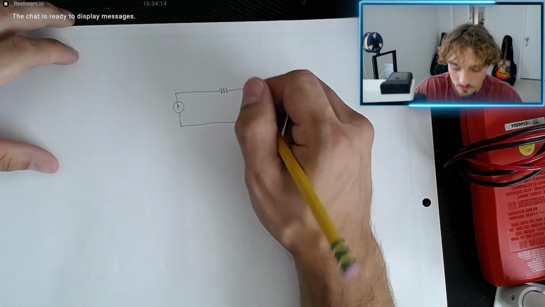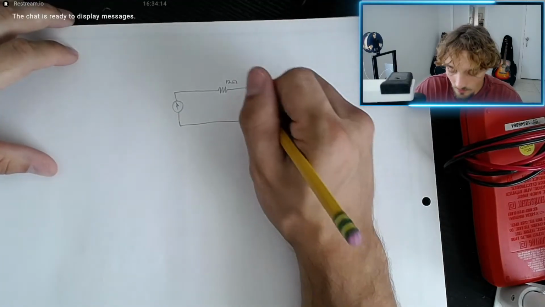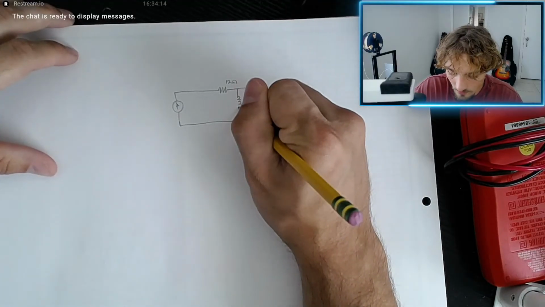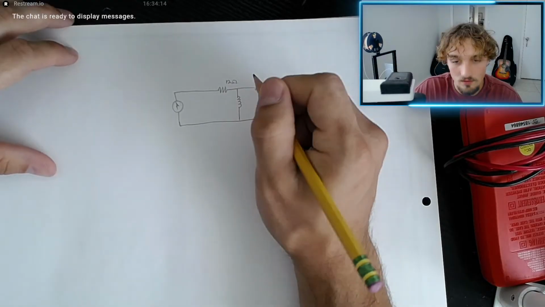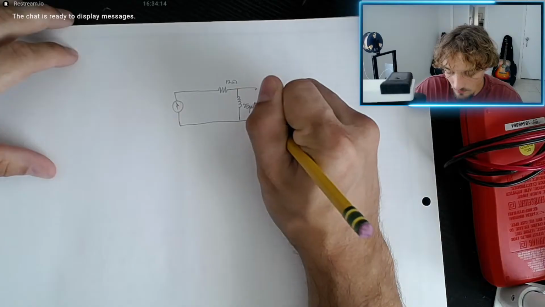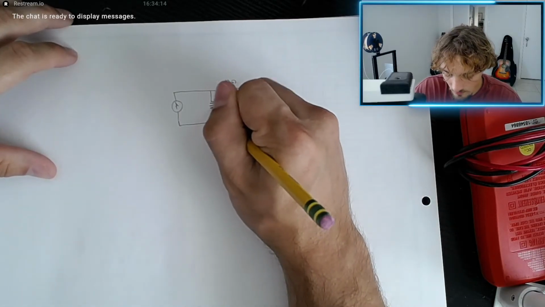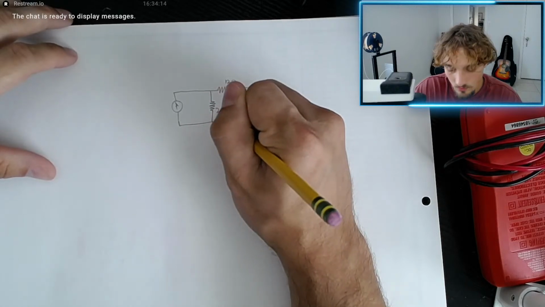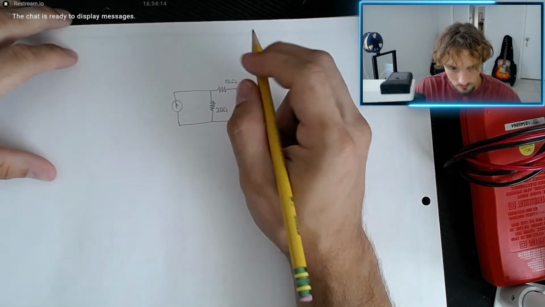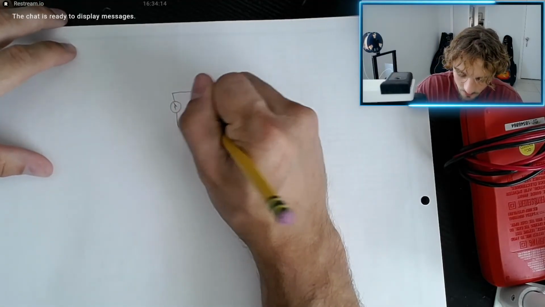So we have this resistor here, that's 12 ohm. We have this inductor here, 25 microhenry. We have a resistor that's 20 ohm, and a 125 nanofarad capacitor.